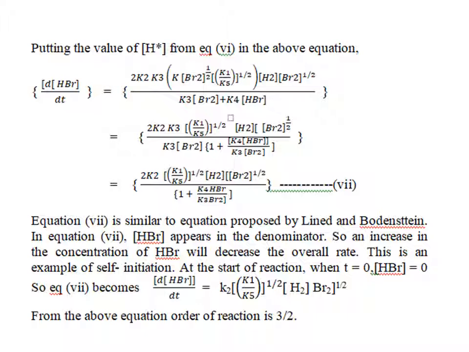From the above equation, the order of reaction is 3 by 2. We have already shown that the rate of chain reaction is usually in fraction.